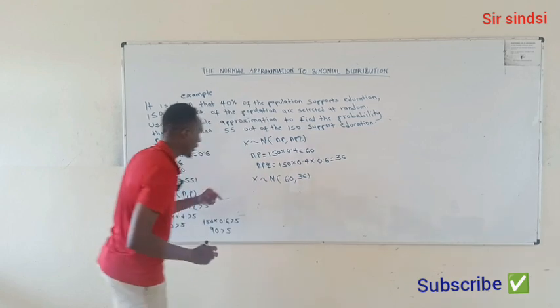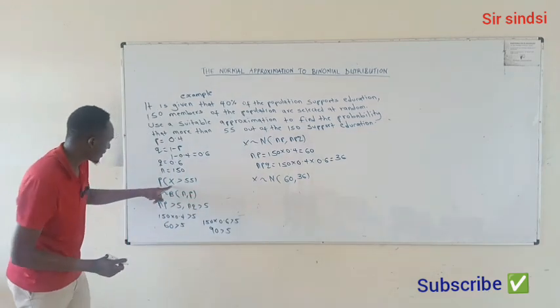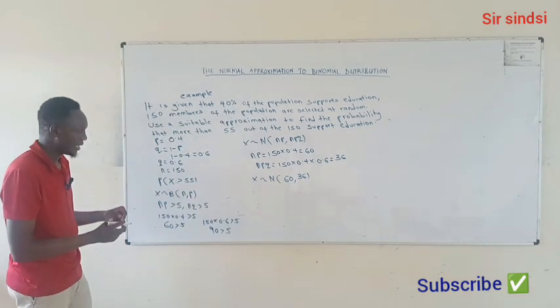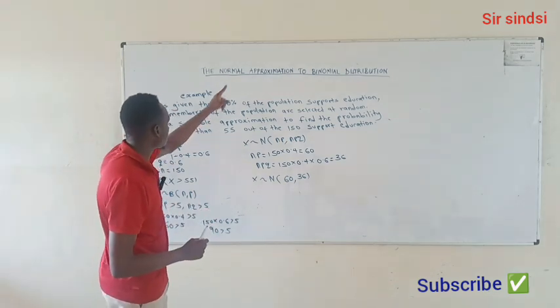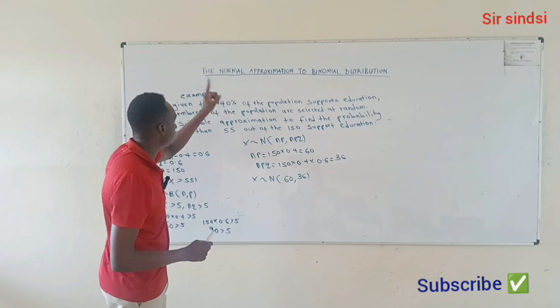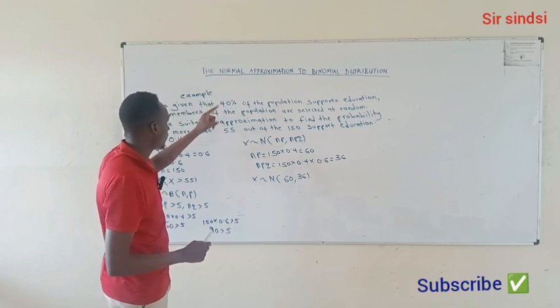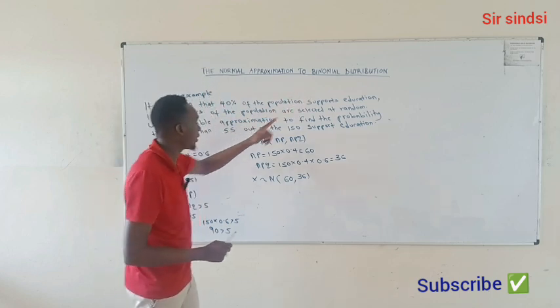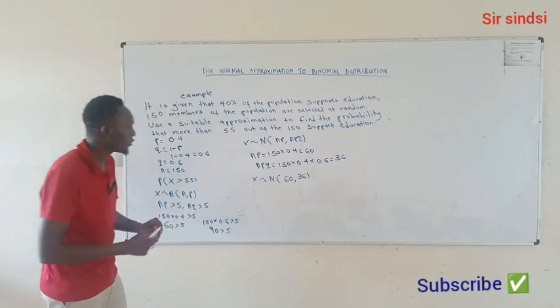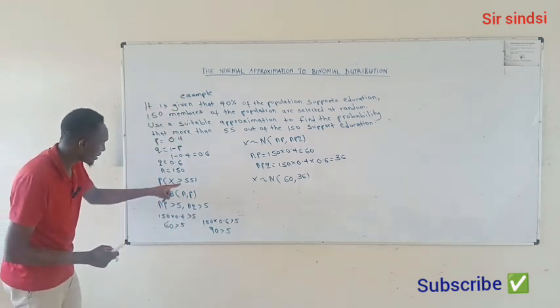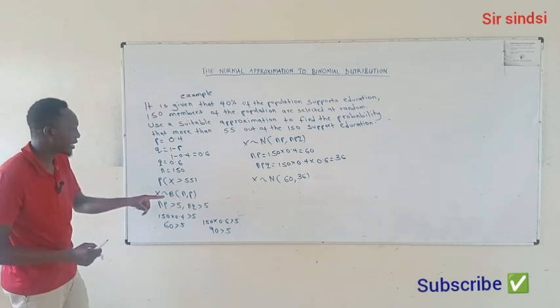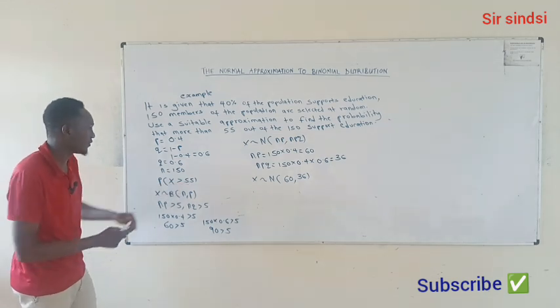Now our question was to find the probability that X is greater than 55. Since the normal distribution is continuous, while the binomial distribution is discrete, we therefore use the continuity correction. For the probability that X is greater than 55, we add 0.5 to 55.